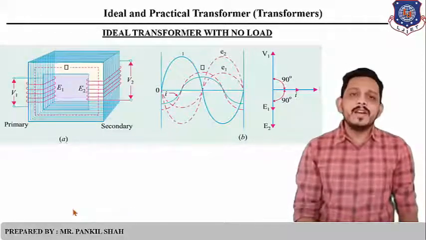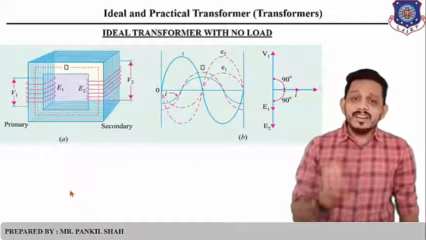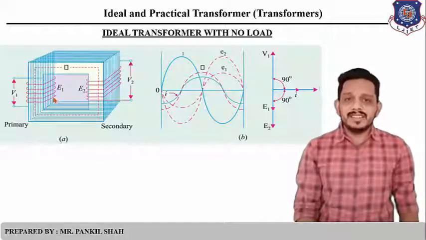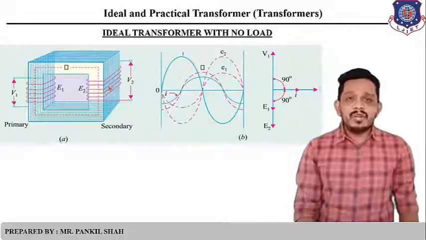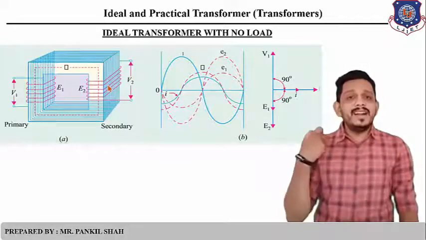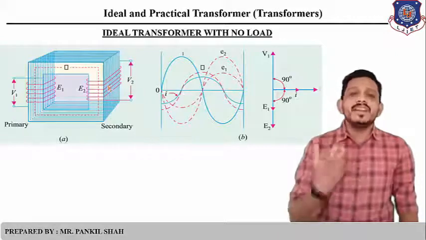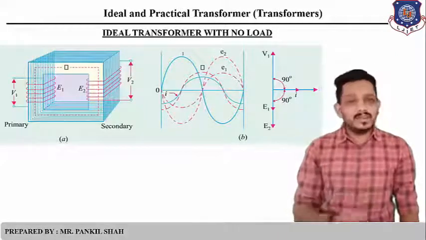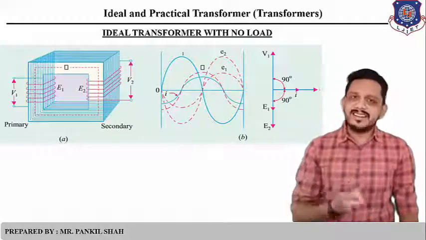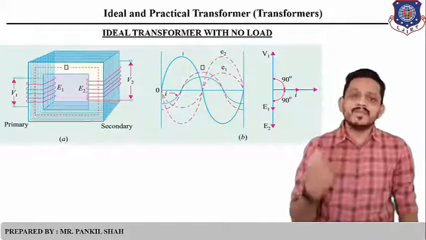If this flux is alternating in nature, then EMF will be induced in both the windings. The EMF induced in the secondary winding depends upon the number of turns. If the number of turns is less than the primary winding, it will be stepped down. If the number of turns is greater than the primary winding, it will be stepped up.